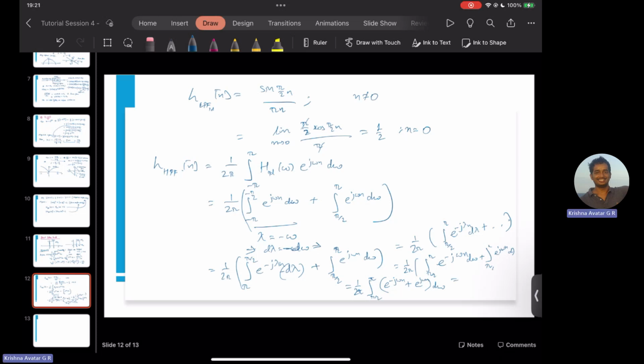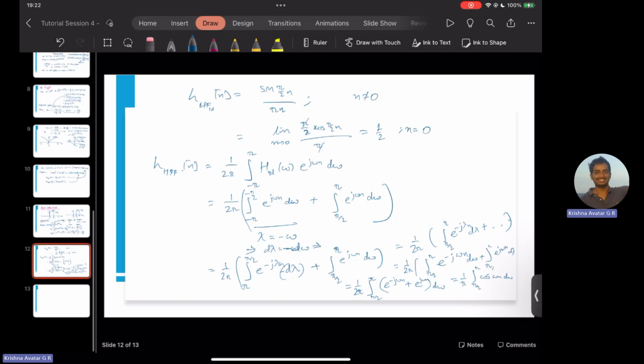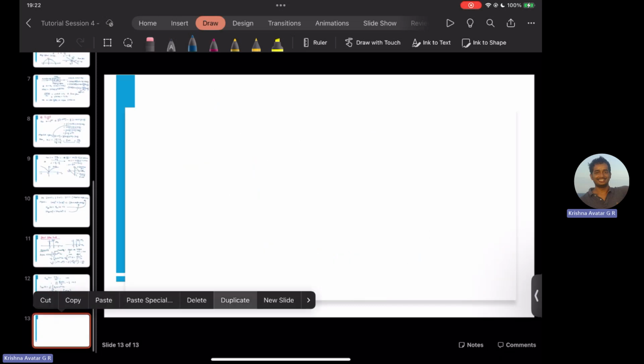And you know that adding it up gives us cosine omega n. So you have 1 by 2 pi, and this gives us cosine omega n d omega. And the rest of the things are as straightforward as anything else.